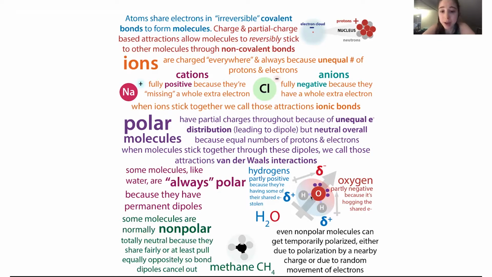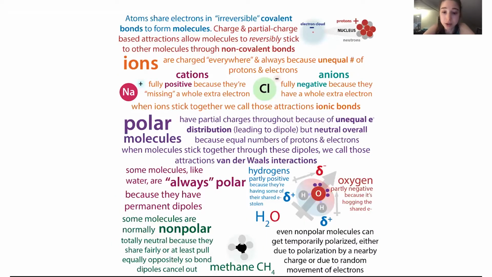And so what happens when we have a hydrogen bond is that we have an electronegative atom attached to a hydrogen. This atom is going to pull electrons away from the hydrogen, making the hydrogen partly positive. Then the electronegative atom, in the case of a hydrogen bond, also has to have a lone pair of electrons, a pair of electrons that isn't being shared.